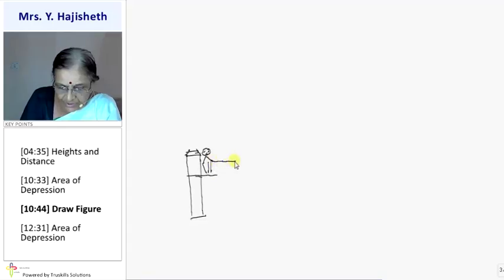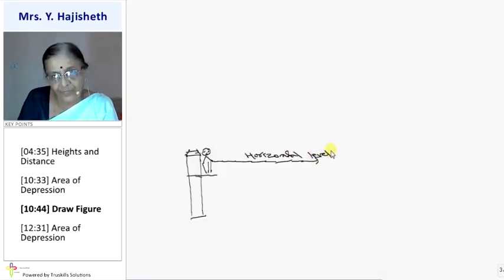This is a horizontal level, okay? Level clear? And this is an object.